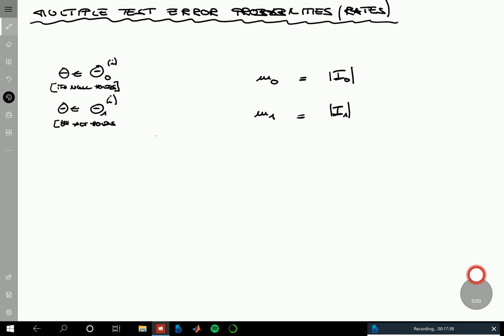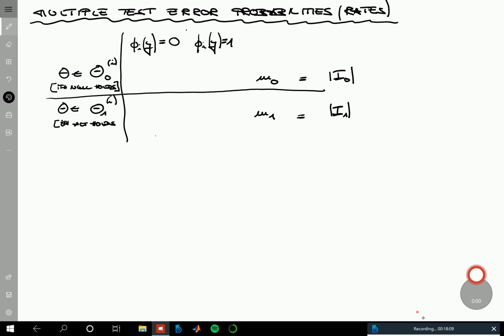And now we can look at our single tests, and of course they can come out 0 and come out 1. And then we can essentially count how much of each we have.